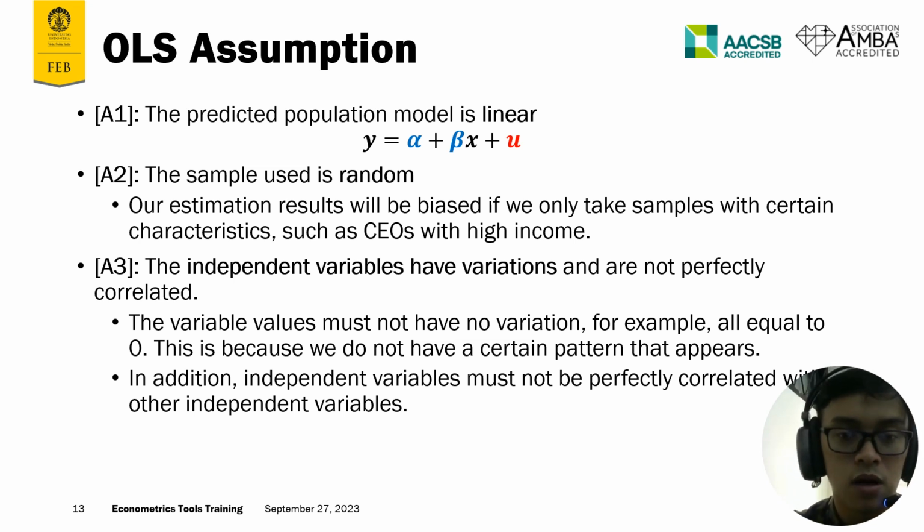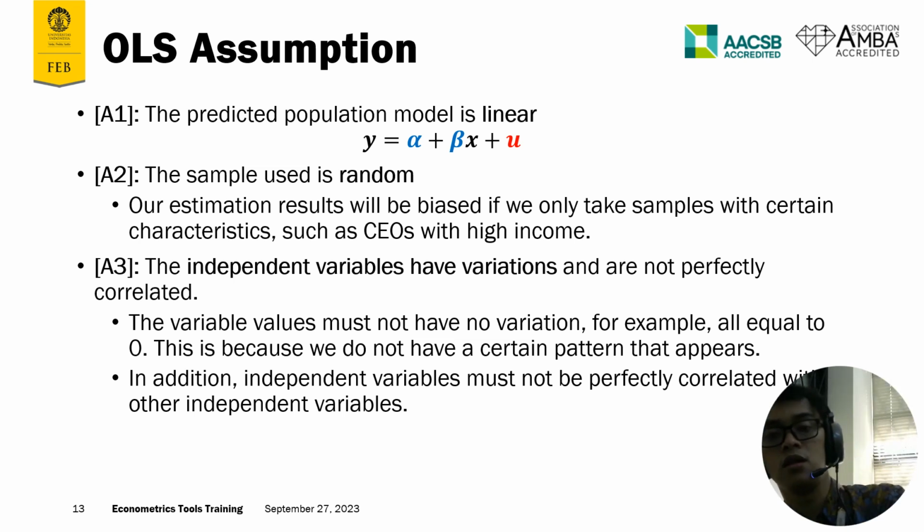Now the third one, you should ensure that there is no perfect correlation between the independent variables. So you have variation in the independent variables. For example, the variables should have some values. You can't regress an independent variable that is all 0 or all 1, all the same value. It will be hard, even impossible, to regress.